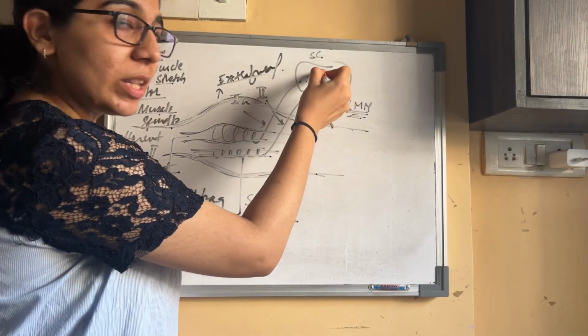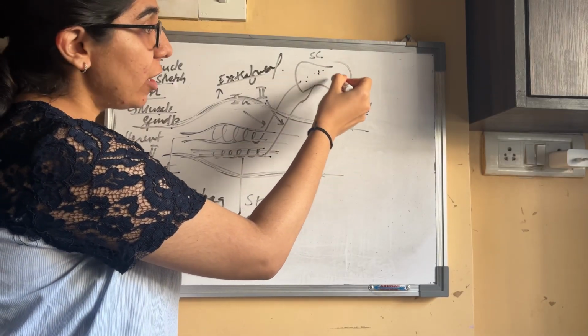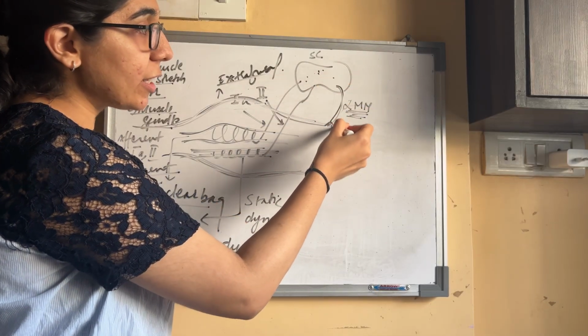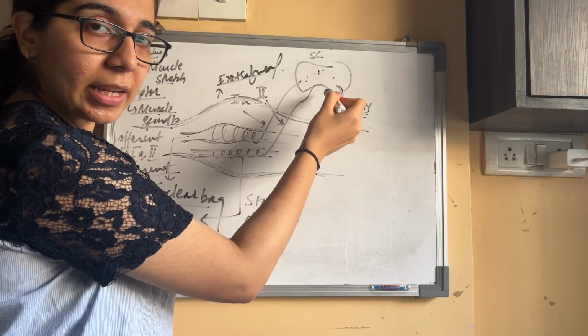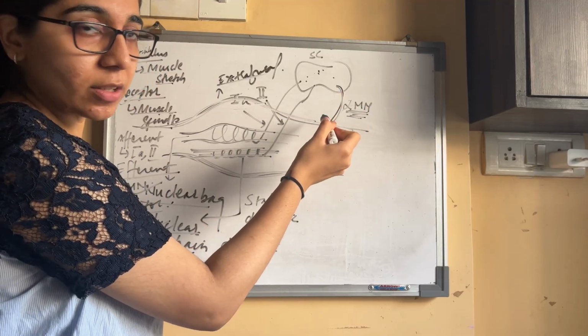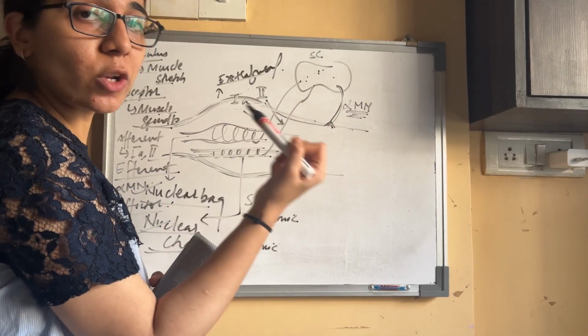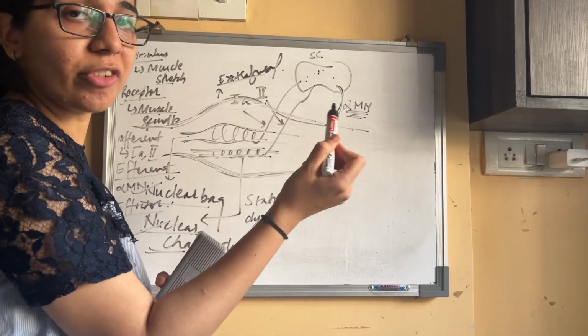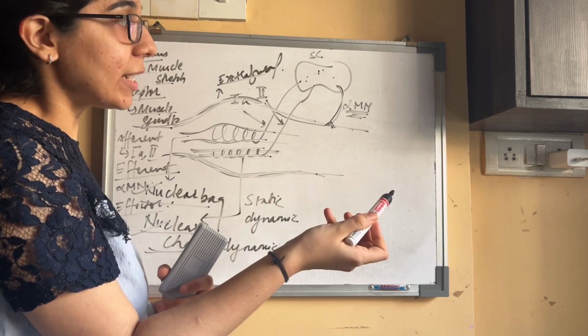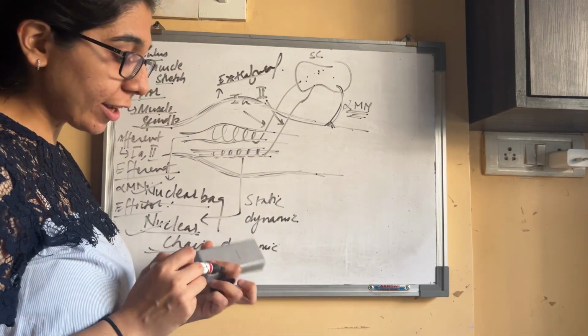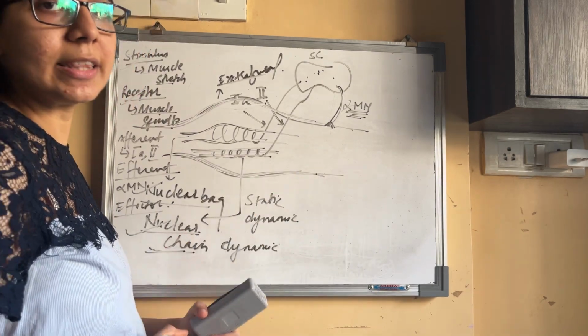Now, what will the spinal cord do? It will send signals via the efferent nerve fibers, that is the motor fibers, to produce slight contraction, which is the reflex that occurs. And why is that important? It helps in preventing overstretching or over lengthening of the muscle.